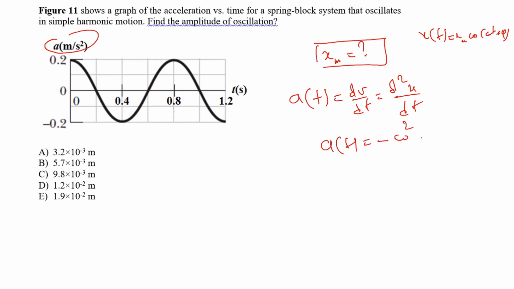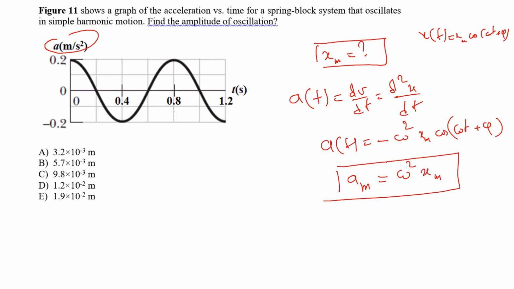Minus omega square xm cosine omega t plus phi. Okay, but I will come back to that. And then from here, I can say that, of course, the amplitude, which is the maximum value of my acceleration, is omega square xm.